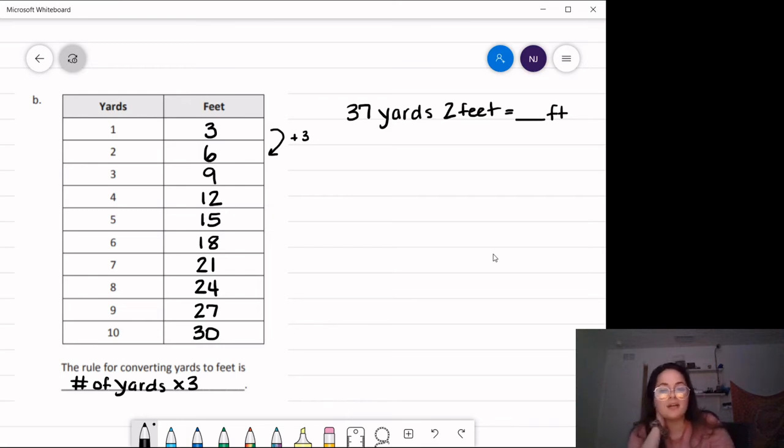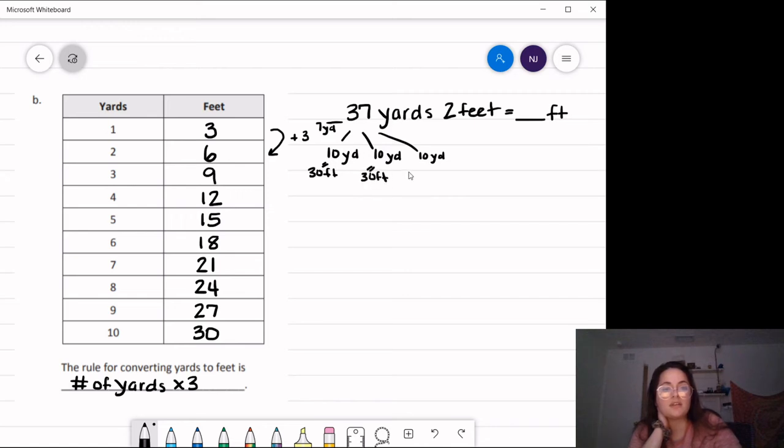So there are a number of strategies that you could have done to solve this. One of my first ones that I thought of was we can break up 37 yards into 10 yards, another 10 yards, another 10 yards, and 7 yards. So 10 yards is equal to 30 feet.